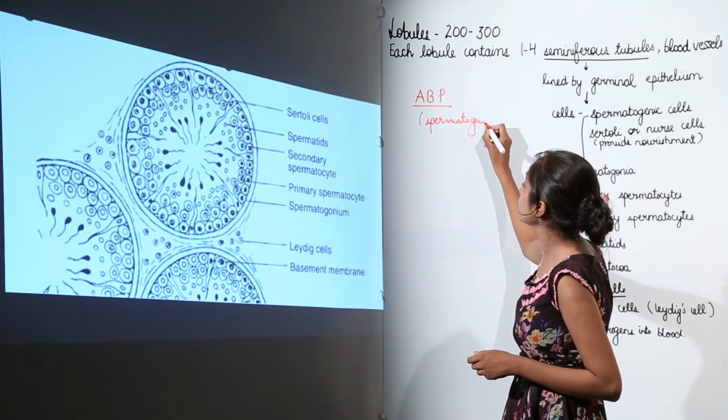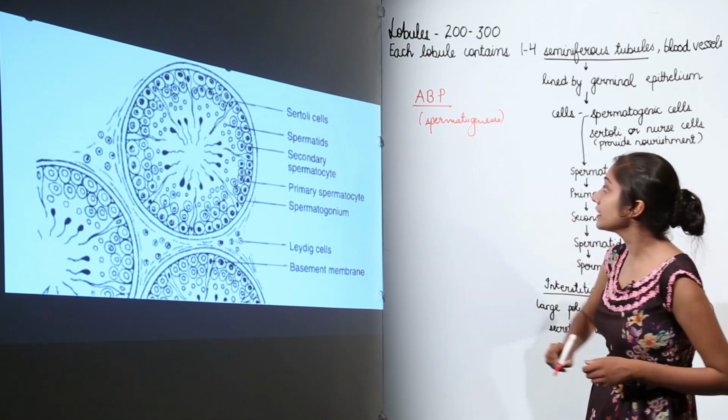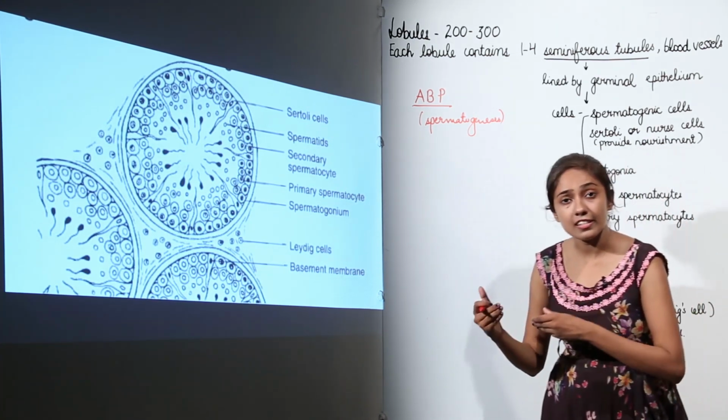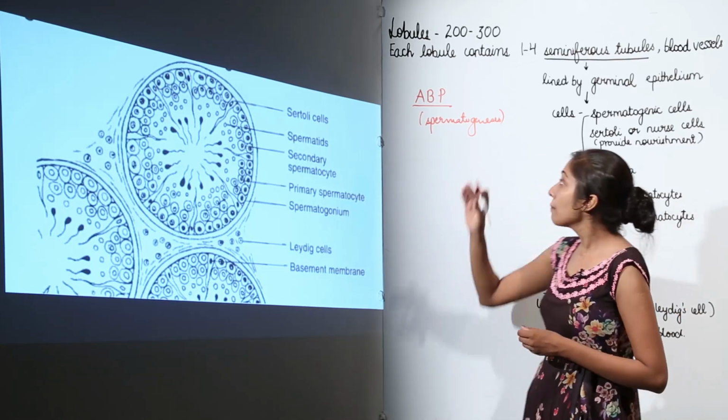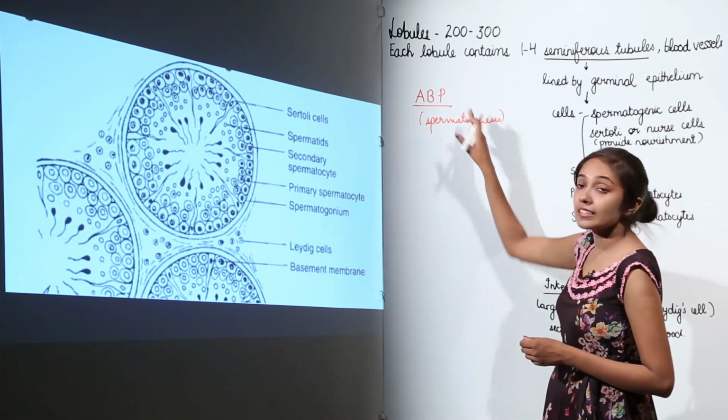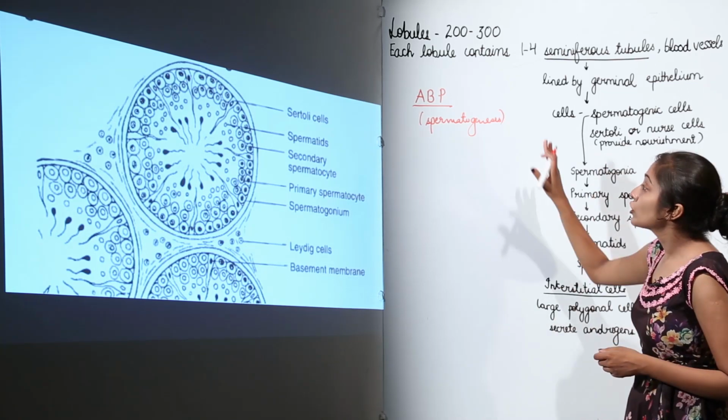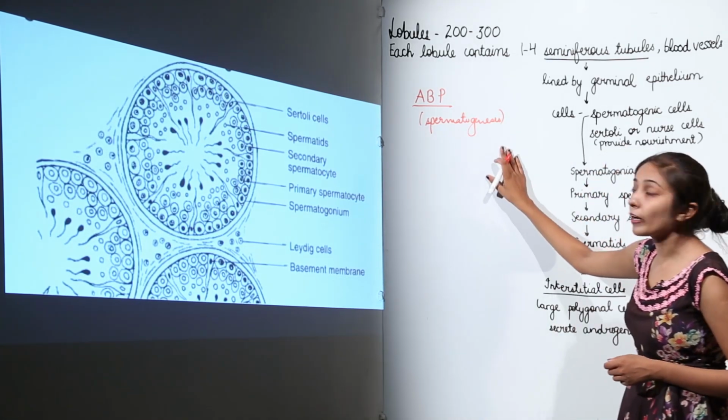So we have discussed two functions of Sertoli or nurse cells. As the name suggests, nurse cells provide nourishment to the growing spermatozoa, plus they also secrete ABP, that is androgen binding protein, which helps in the whole process of spermatogenesis.